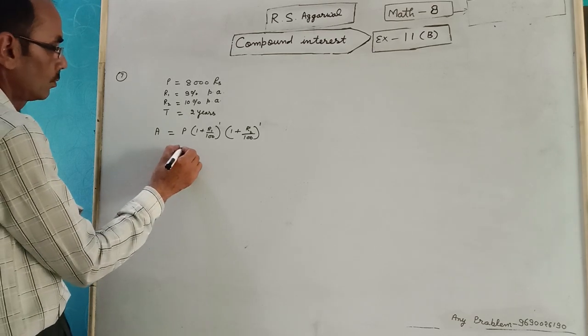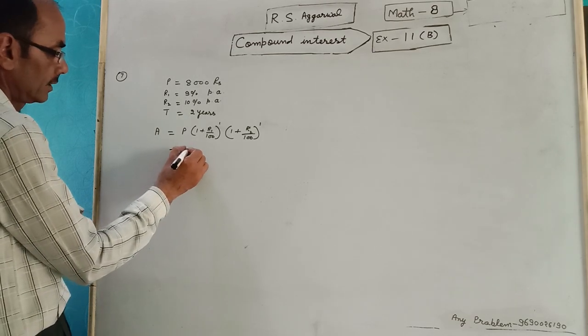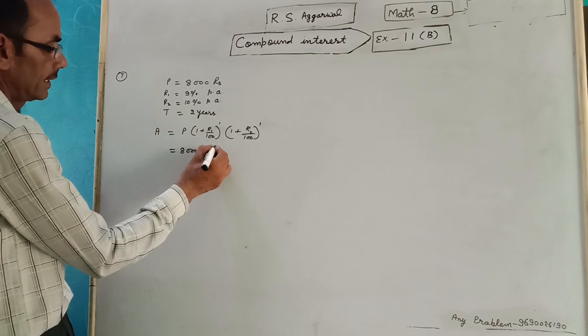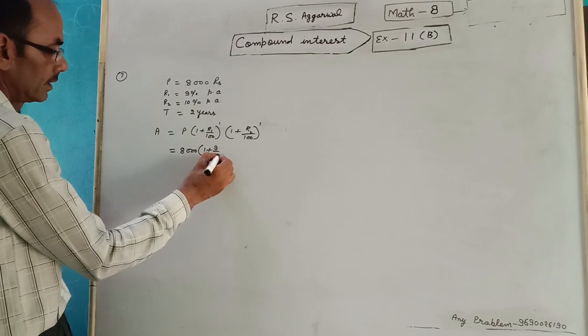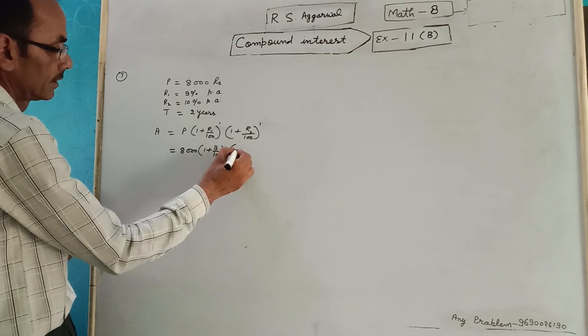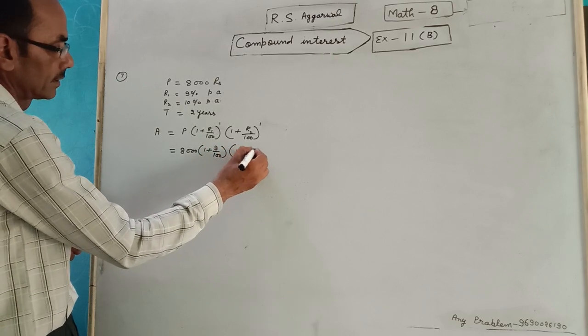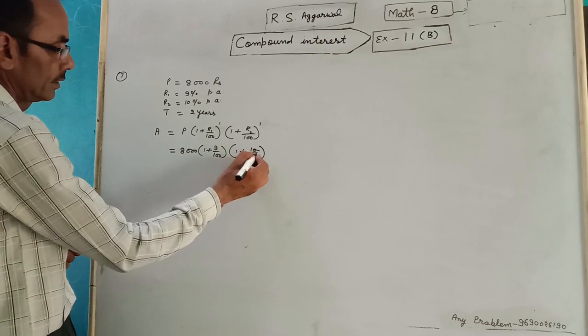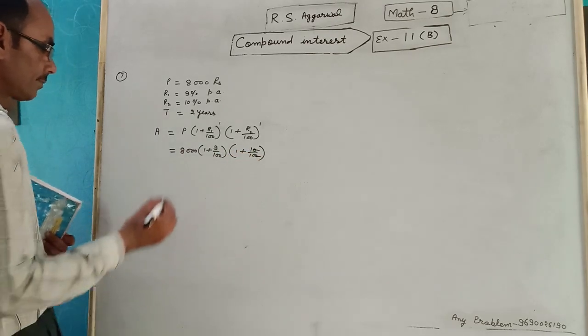Putting the value, 8,000, 1 plus 9 upon 100, 1 plus 10 upon 100.